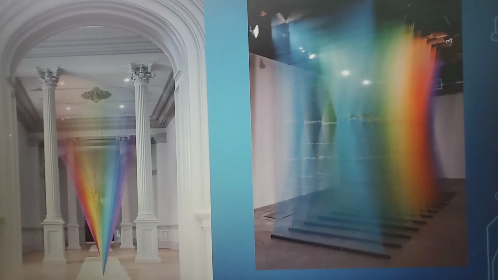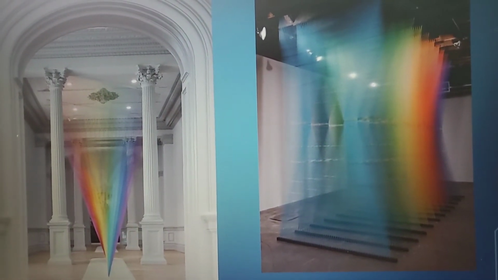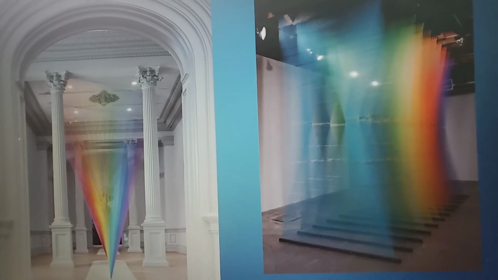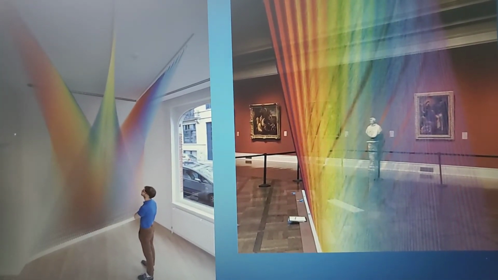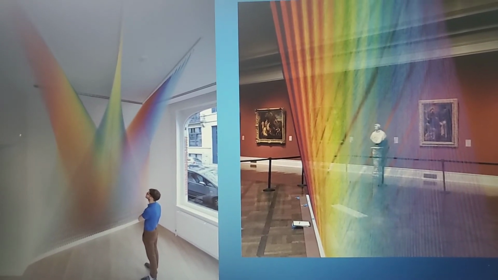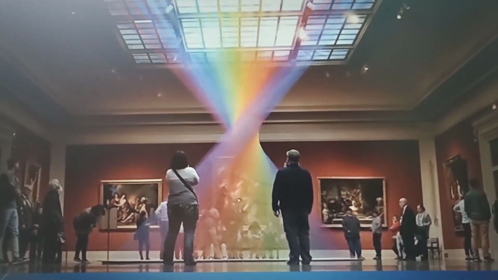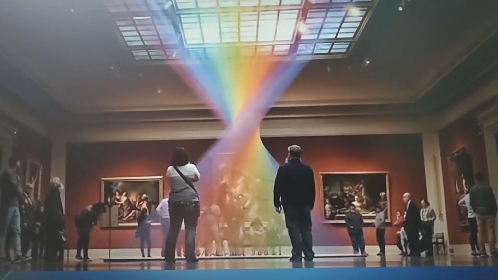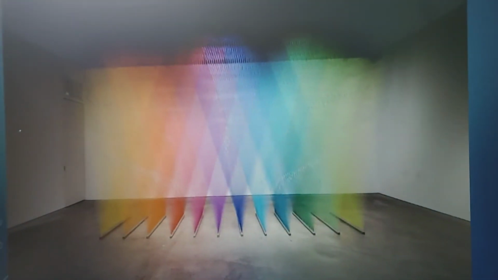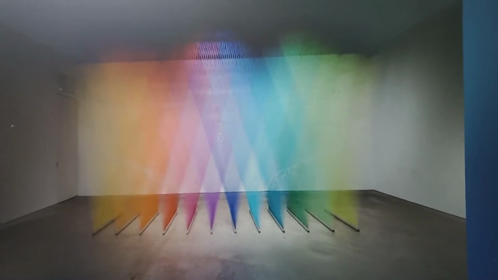Here's some more. I just think it's a really amazing idea. Reminds me a little of a loom that you can do weaving on. I have a feeling he's going to be a very big artist coming up.